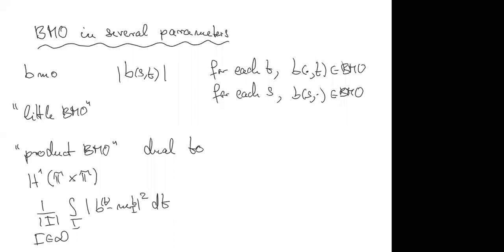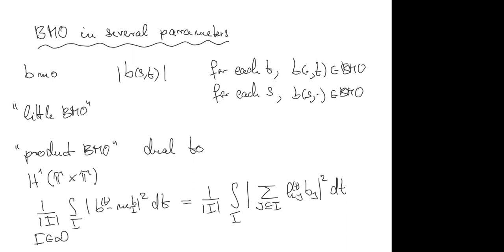These are the contributions of all the Haar terms which are contained in I. So you can understand the ordinary BMO norm like this.